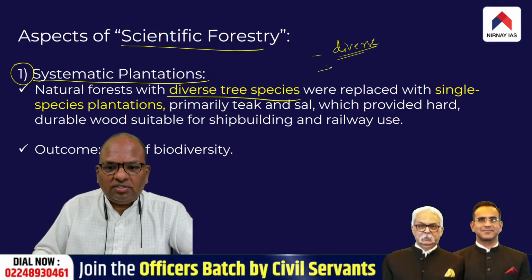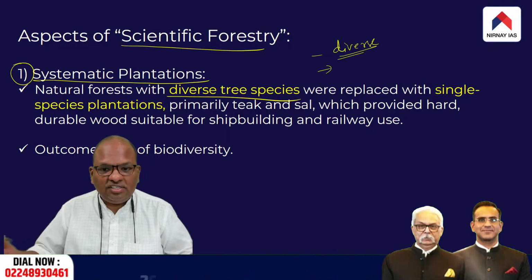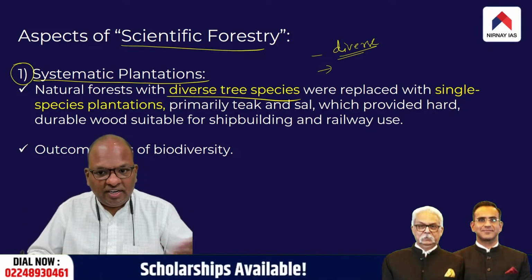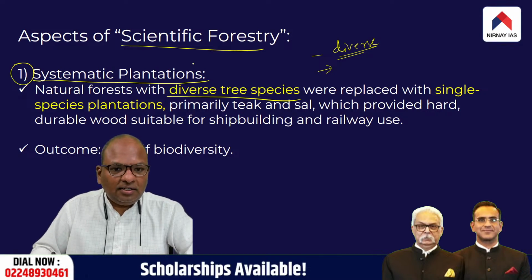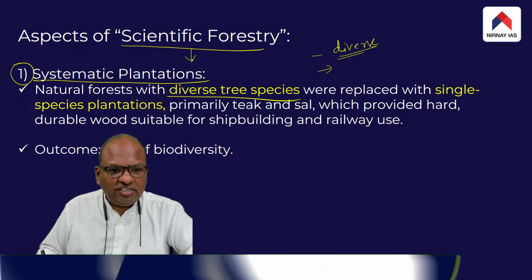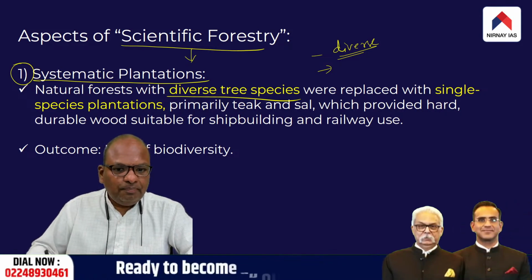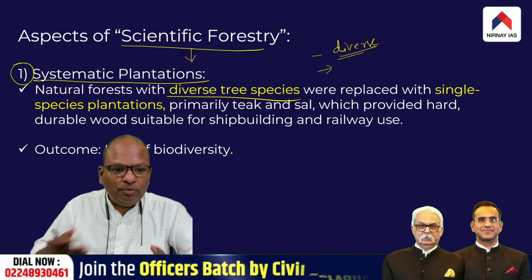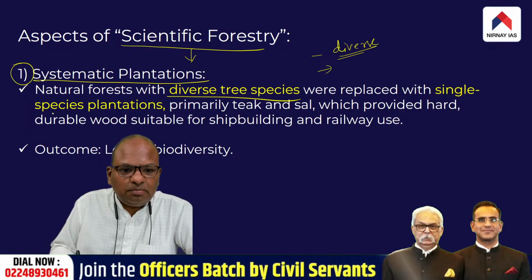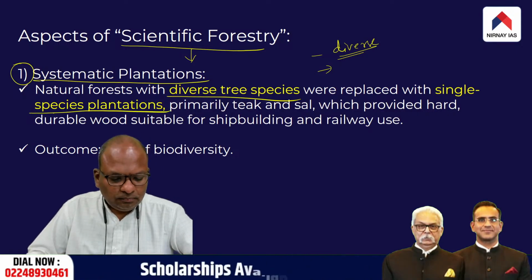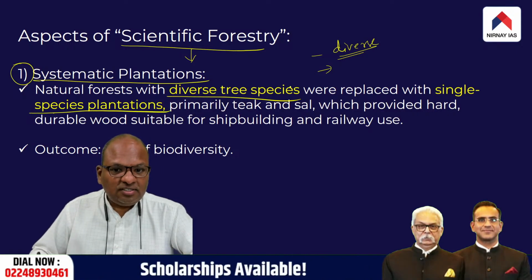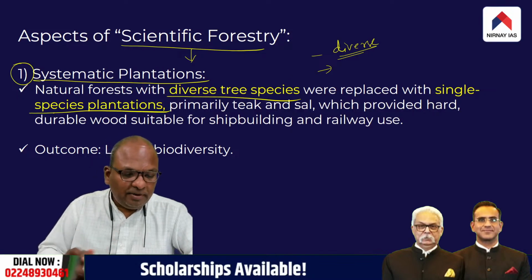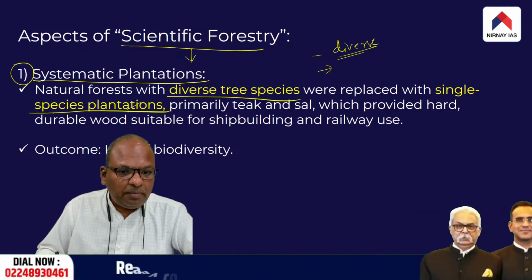So there was a great diversity in the plant species in India. But under scientific forestry during the British times, the diverse tree species began to be replaced with single species plantations.